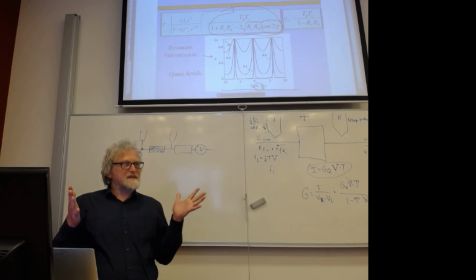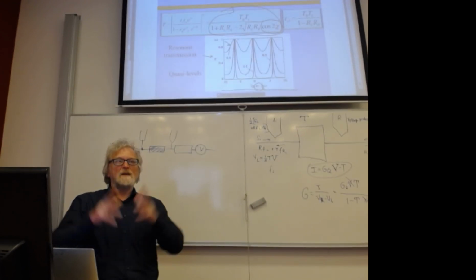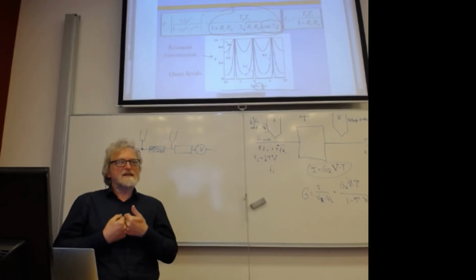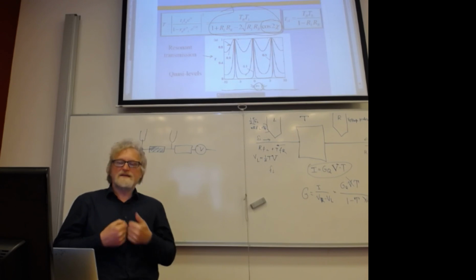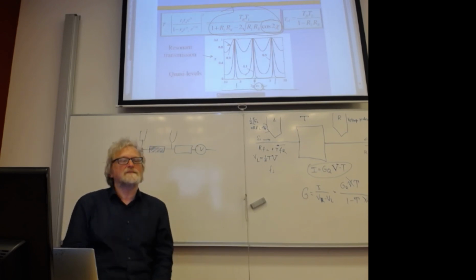Such an effect was first observed in optics when they pushed a light wave between two partial mirrors, and there were resonant transmissions at certain frequencies. That's what we see in electron transport. Let me just tell you a rather instructive thing.